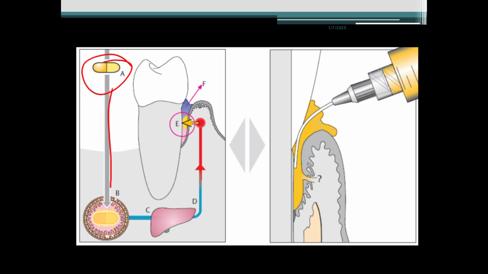From the GIT it is transported to the portal system, so it enters the liver. From the liver it enters the circulatory system, and then it moves to the periodontal pocket.